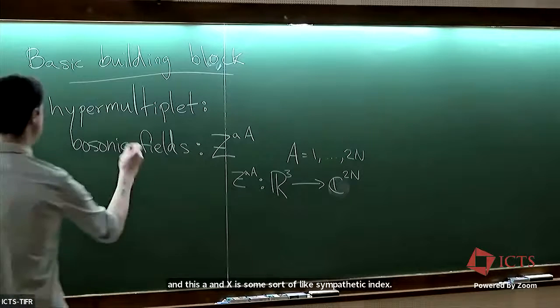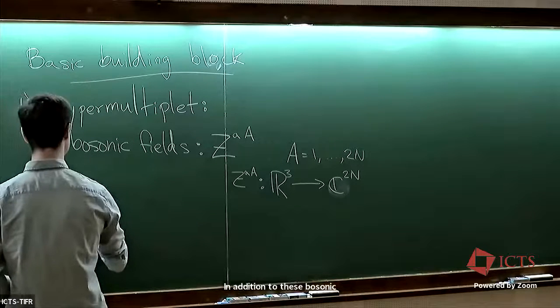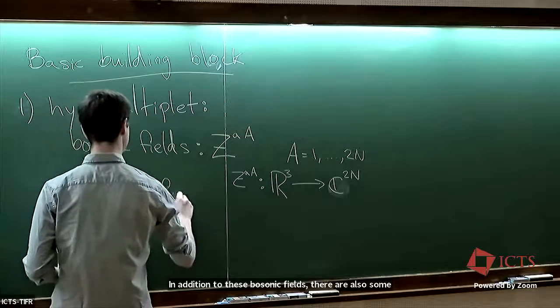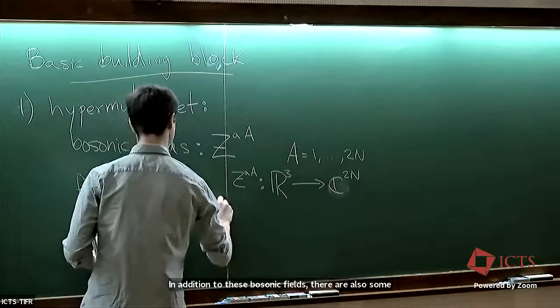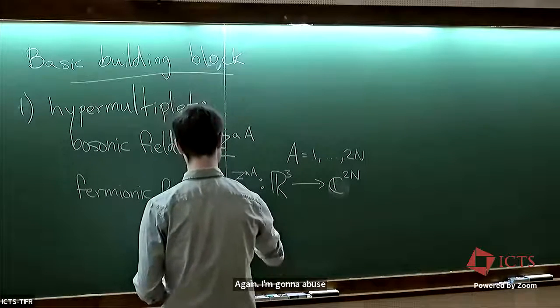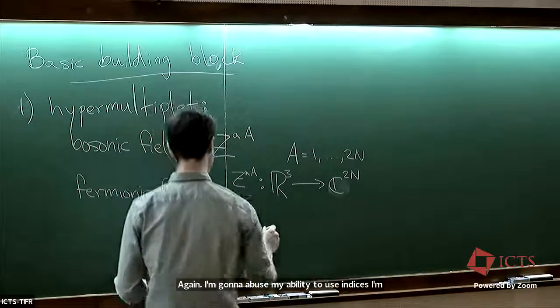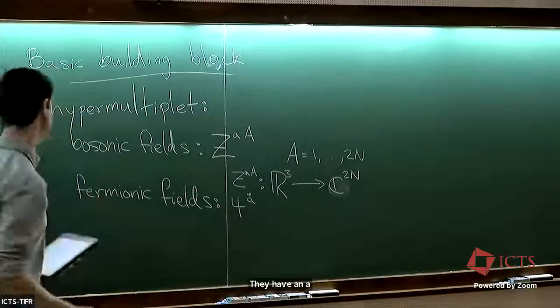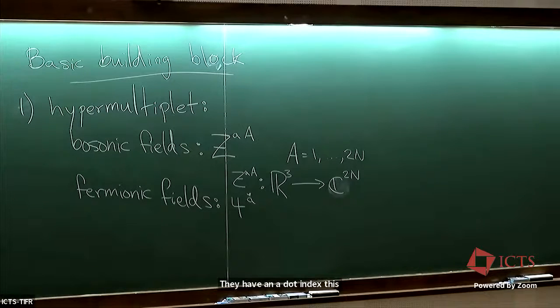In addition to these bosonic fields, there are also some fermionic fields. Again, I'm going to abuse my ability to use indices. I'm going to call them psi. They have an a dot index, this SU2 Coulomb index.